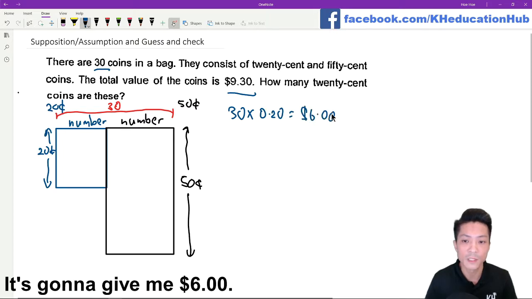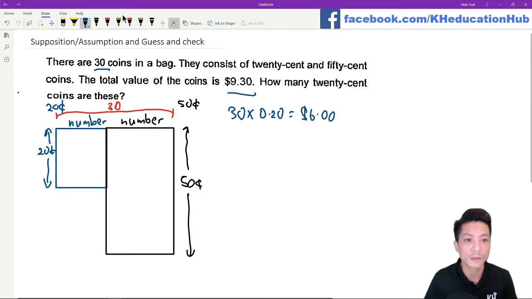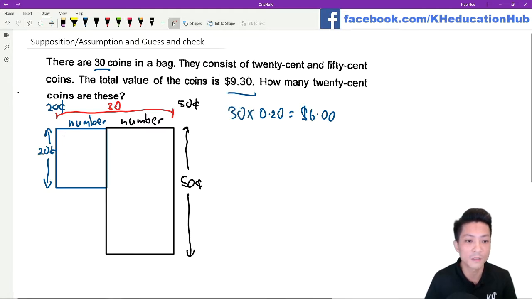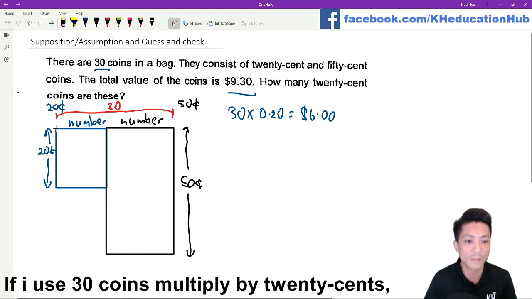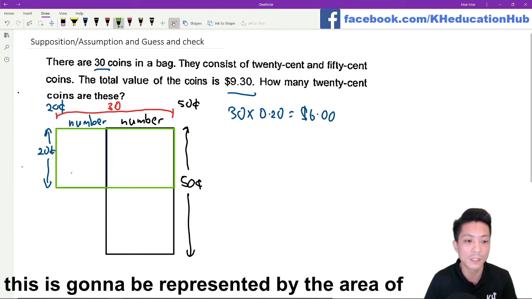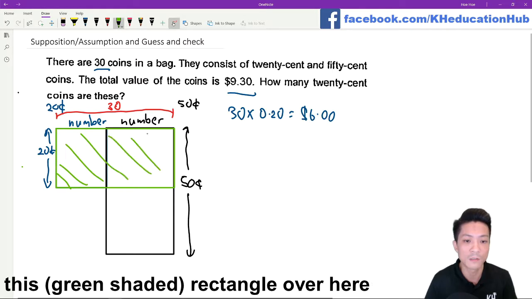It's gonna give me $6. Now, what does this $6 represent? If I use 30 coins multiplied by 20 cents, this is gonna be represented by the area of this rectangle over here.